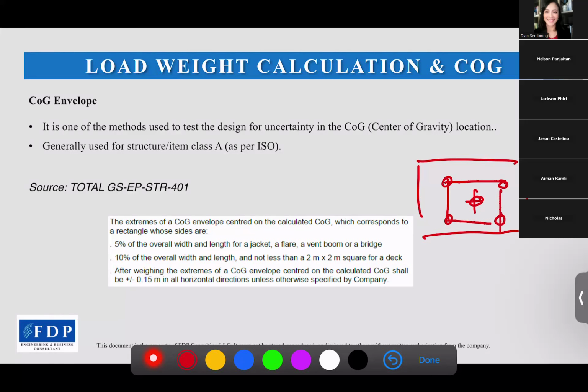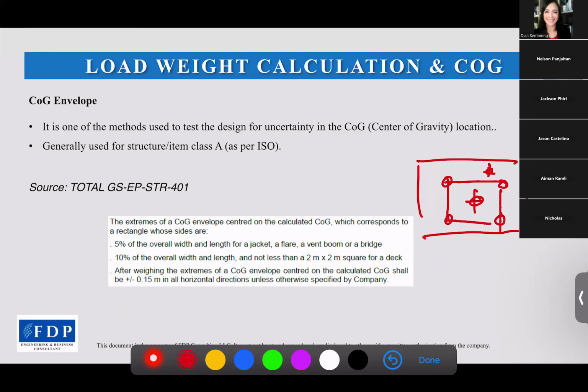But if the COG after modification is out of the envelope, let's say here, then we need to redesign the lifting arrangement for that. So that's the purpose of the COG envelope.